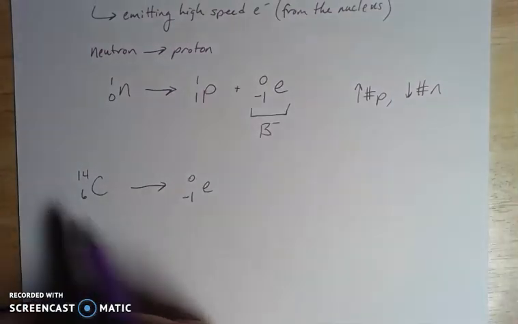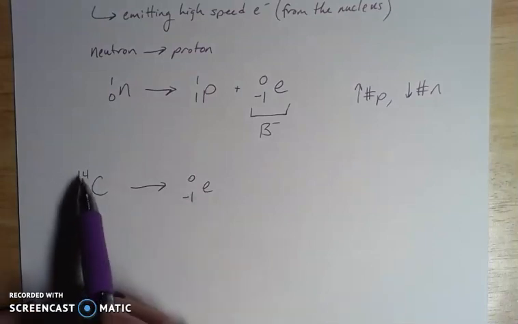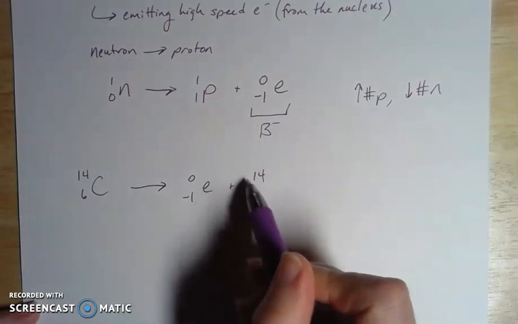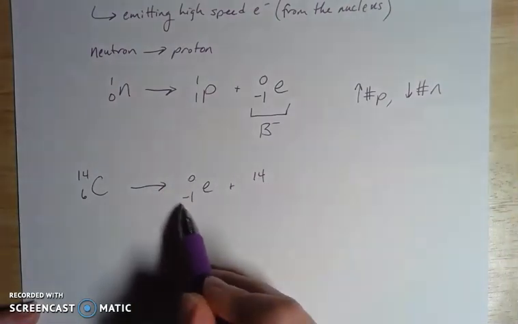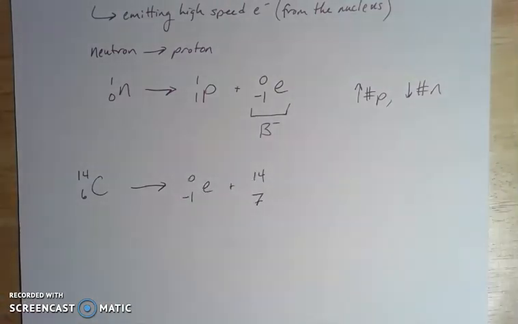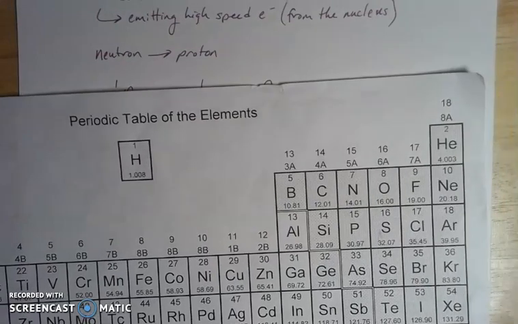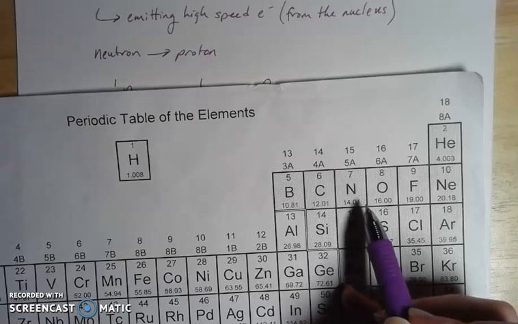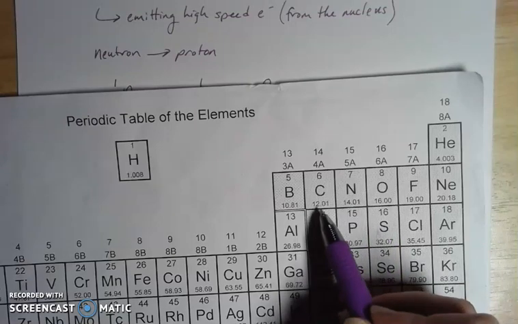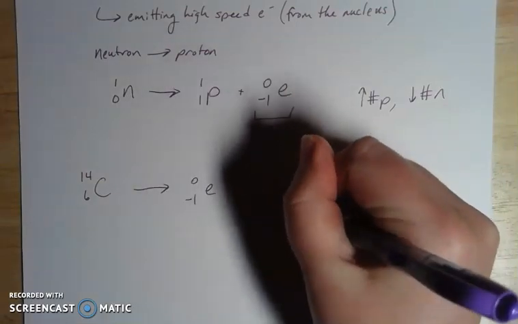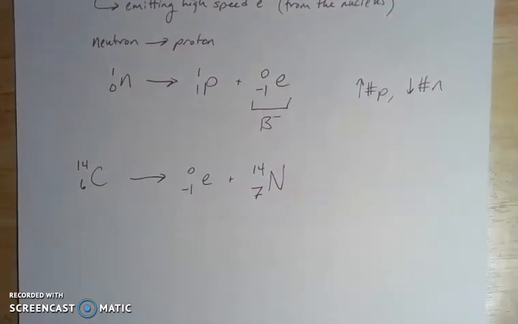In order to balance out this reaction then, my 14 stays the same, my mass number stays the same, my A value stays the same, and what plus -1 gives me 6? Well, that's 7. So if I look at the periodic table then, carbon is number 6, and what I functionally did was I increased the number of protons by decreasing the number of neutrons. So I bumped up to nitrogen. Kind of wacky.